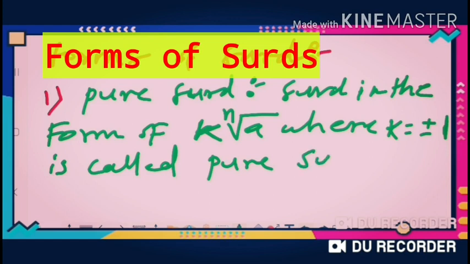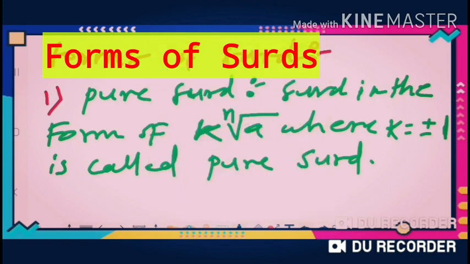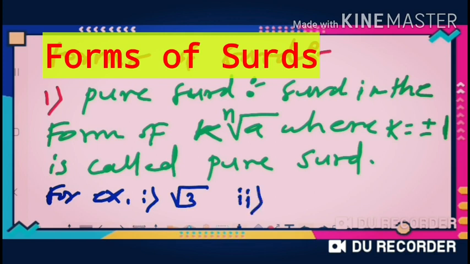This form of surd is called as pure form of surd. For example, coefficient 1 order n is equal to 2 in radical sign 3. Second example, coefficient minus 1 order 2 in radical sign 7.